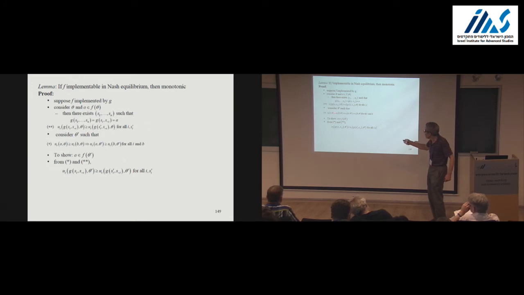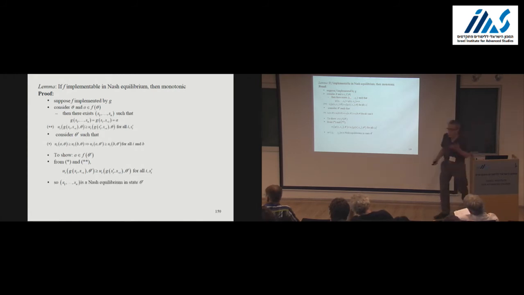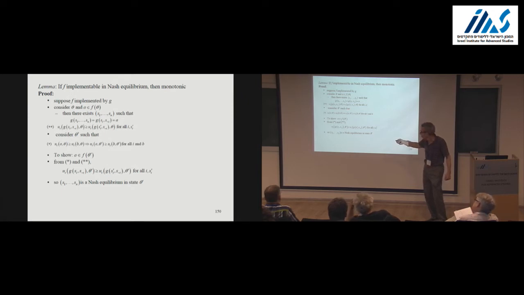Well, then from star, he would have been better off deviating from SI to SI prime in the original state. Right? So that means that this inequality has to hold. We are assuming that S1 through Sn was a Nash equilibrium in the original state, so deviations can't pay here, so they can't pay here either.